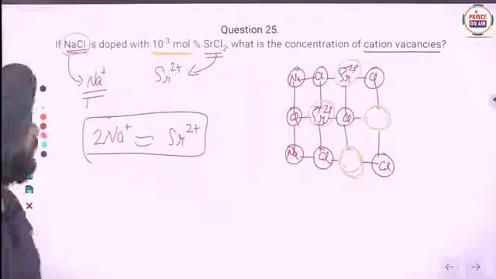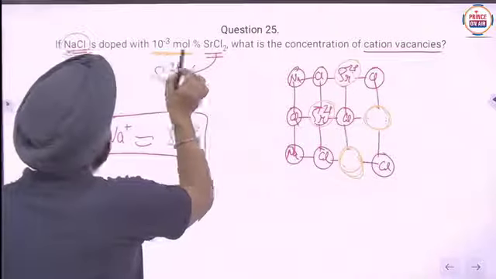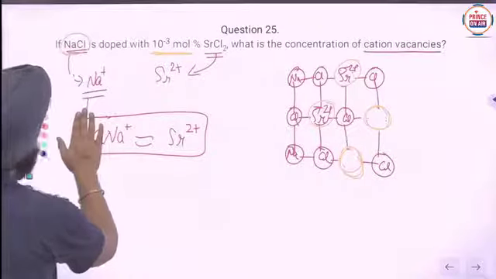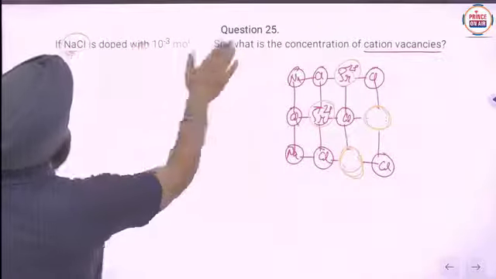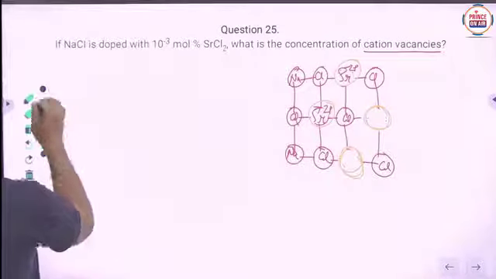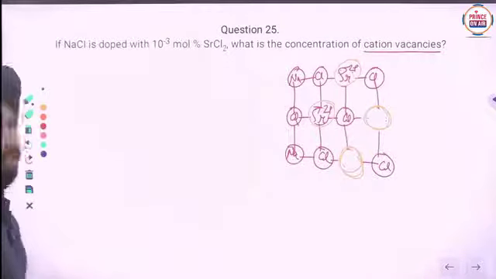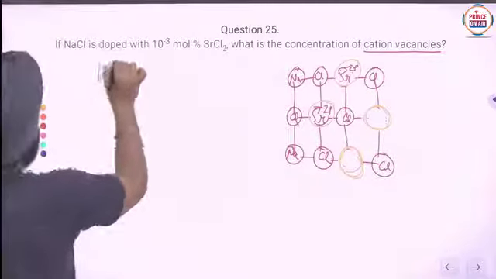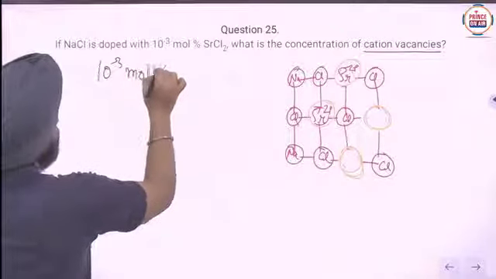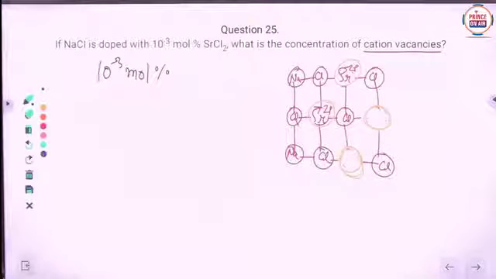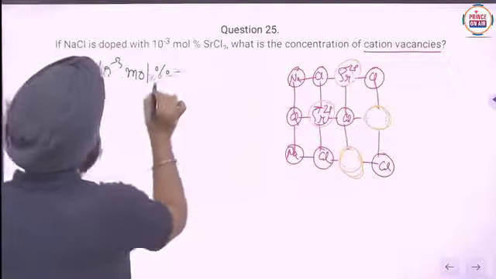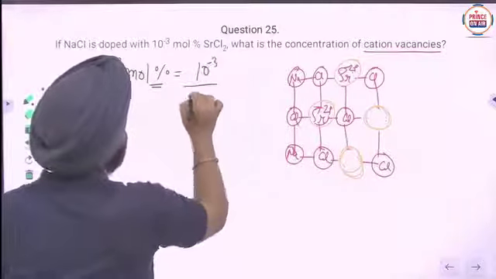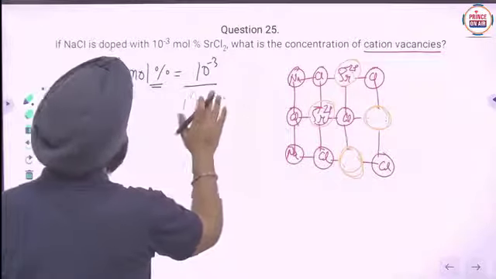Yeah, some of you have a doubt here. 10 raised power minus 3 mole percent strontium chloride, what is the meaning of this? It means 10 raised power minus 3 mole percent. Percent means per 100.